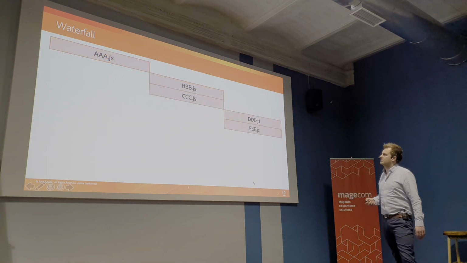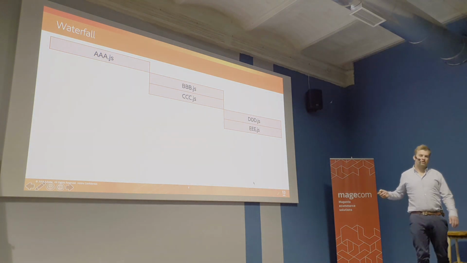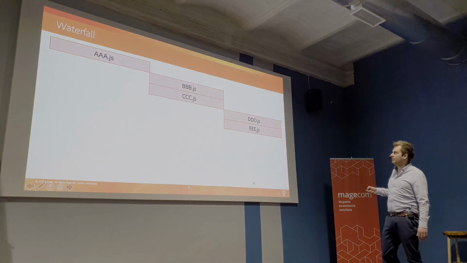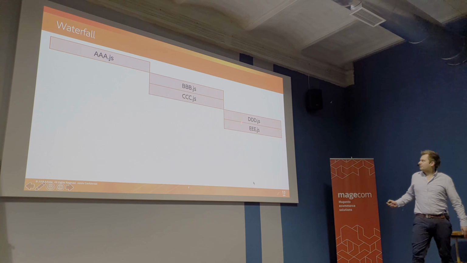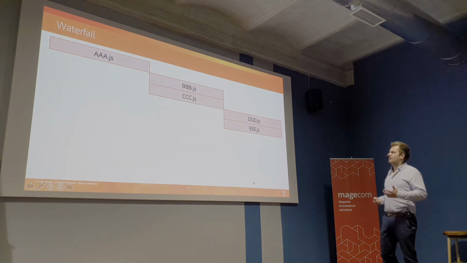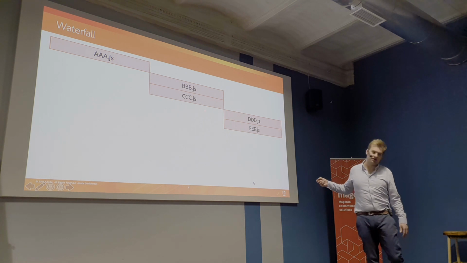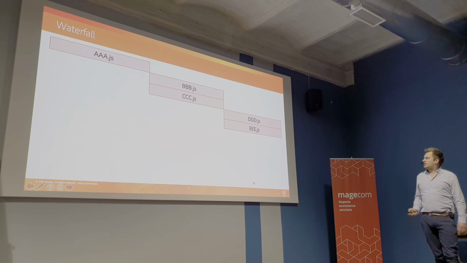It will look like this in the network. First you get module A loaded from the network, and it's getting parsed on the mobile or desktop device. Then modules B and C will be loaded, and after that modules D and E will be loaded. The device first needs to load this one, then needs to think again about other modules needed to be loaded, and then your device needs to think again.